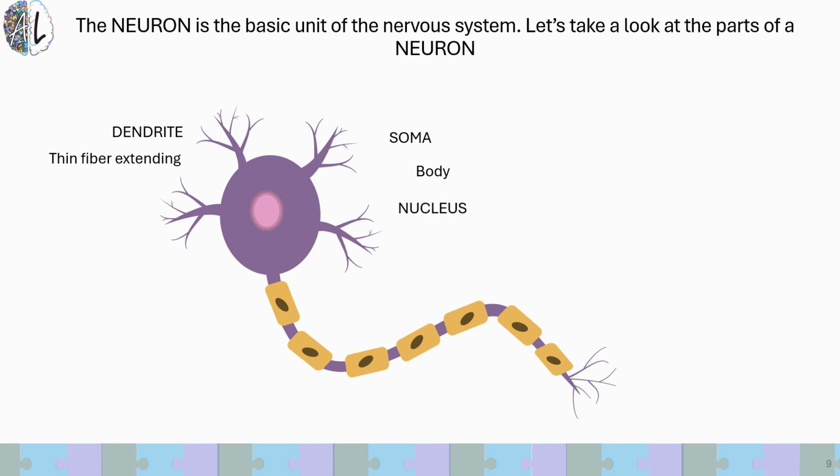In the center of that body or that soma, we've got that nice little light purple circle. That is a nucleus. That nucleus is just like the nucleus of any other cell. This one just happens to control this neuron. And if you recall from our previous cell chapter, the root term for nucleus was nucleo, so just what it sounds like.